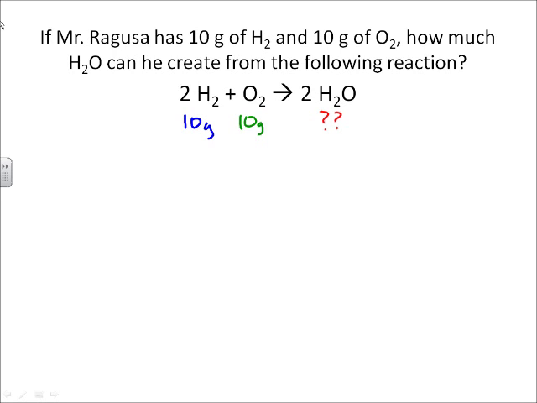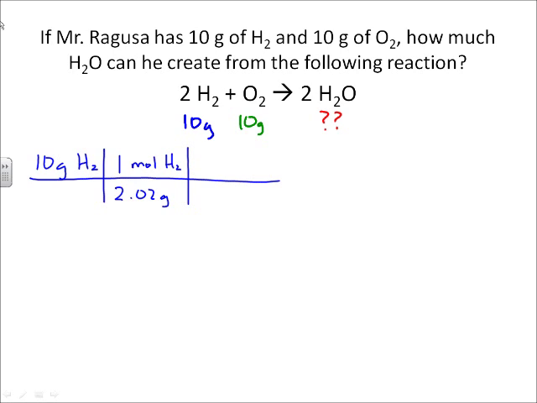When I give you a starting value for both of your reactants, you're going to need to find out which one produces less of your product. So to do this, let's do 2 stoichiometry problems, 1 for hydrogen, 1 for oxygen. We have 10 grams of hydrogen, and we're going to do a stoichiometry problem to find out how much water can be produced.